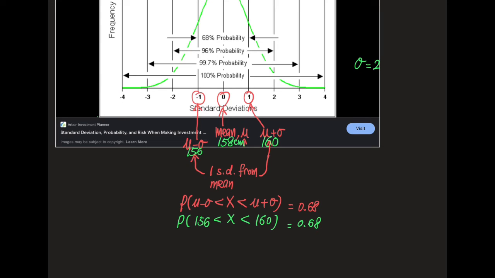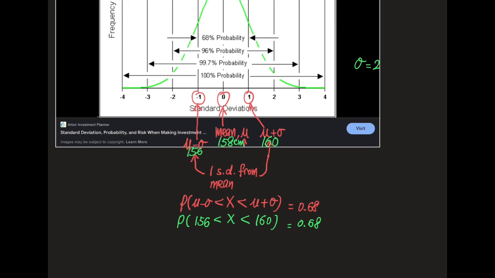For a normal distribution, one standard deviation from the mean is always 0.68.